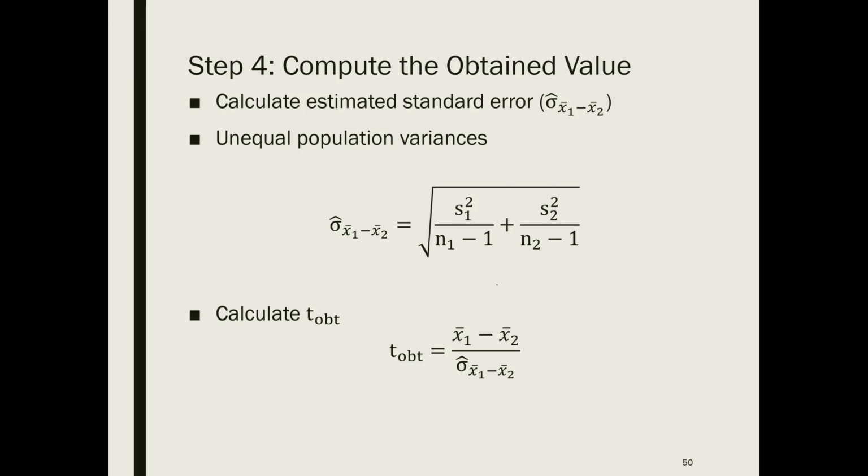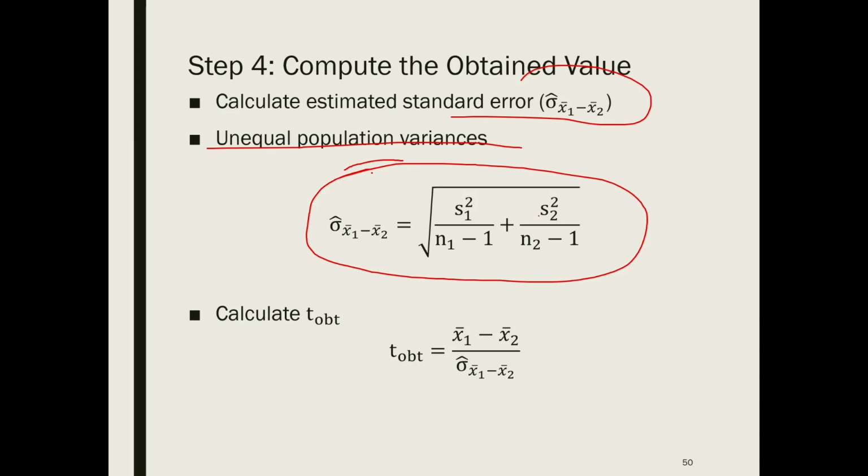Still, you have to calculate the estimated standard error first. Now, for the unequal population variances, the estimated standard error looks like this. Quite simple. You also already have all the numbers for S1, S2, N1, and N2, right?